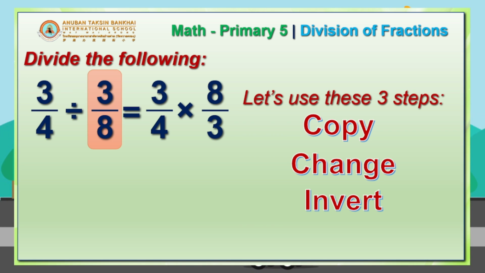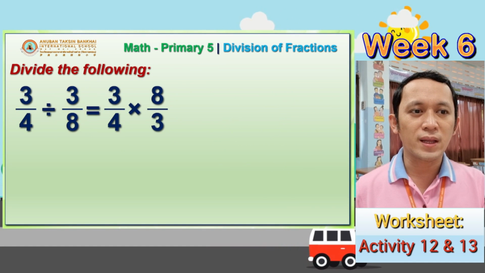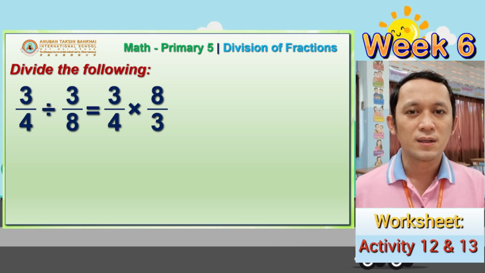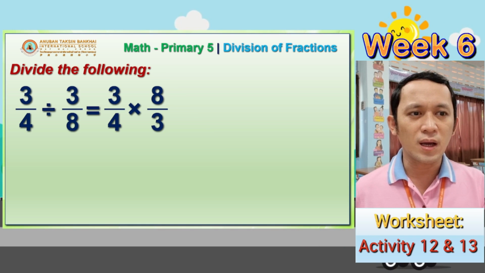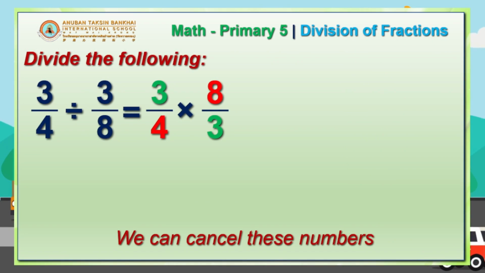So the answer is we have 8 over 3. Now, since we already have multiplication here, we can now cancel numbers. So it's very obvious that we can cancel 3 and 3, and we can also cancel 8 and 4.